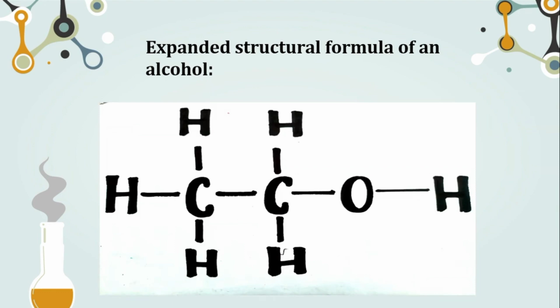When we say expanded structural formula, this is a type of formula that shows all the atoms in a molecule and all the bonds connecting the atoms. So this is more systematic, unlike the other structural formulas, since you will write all the carbon atoms, the hydrogen atoms, the oxygen, the hydrogen, and so on.